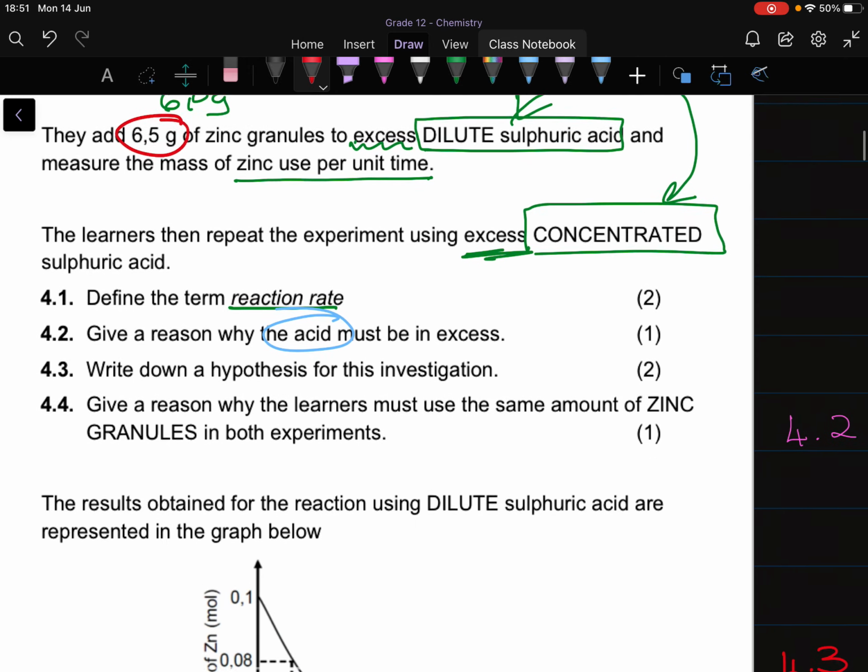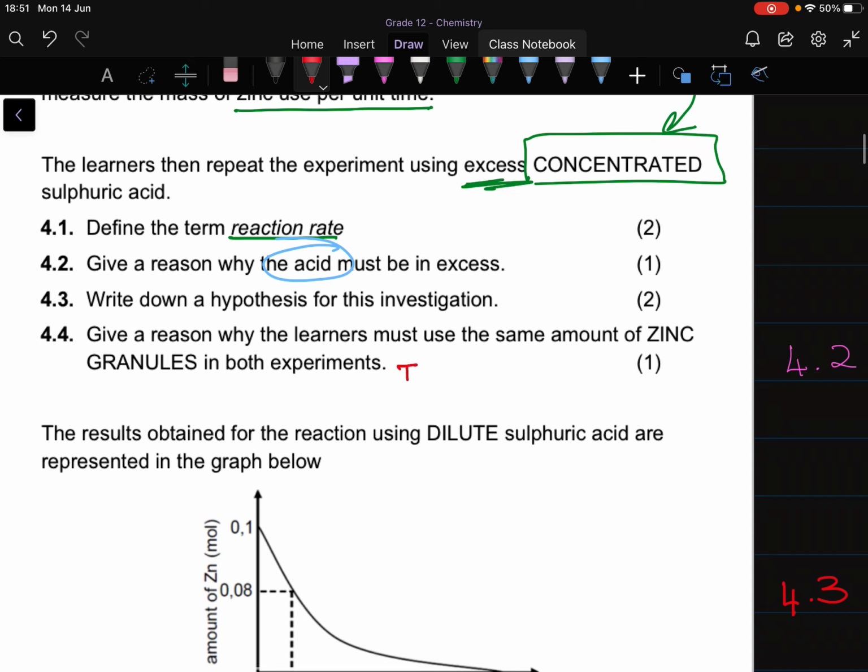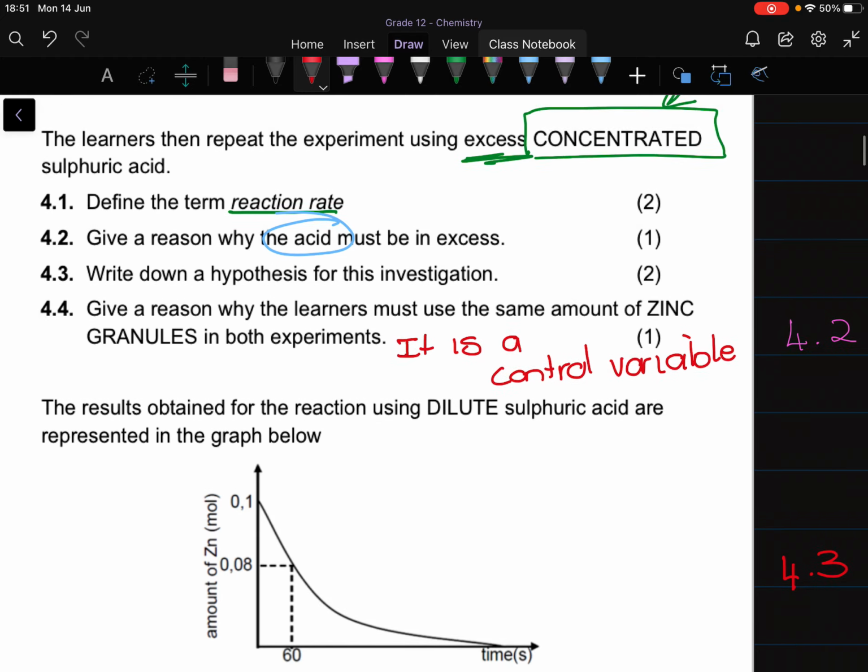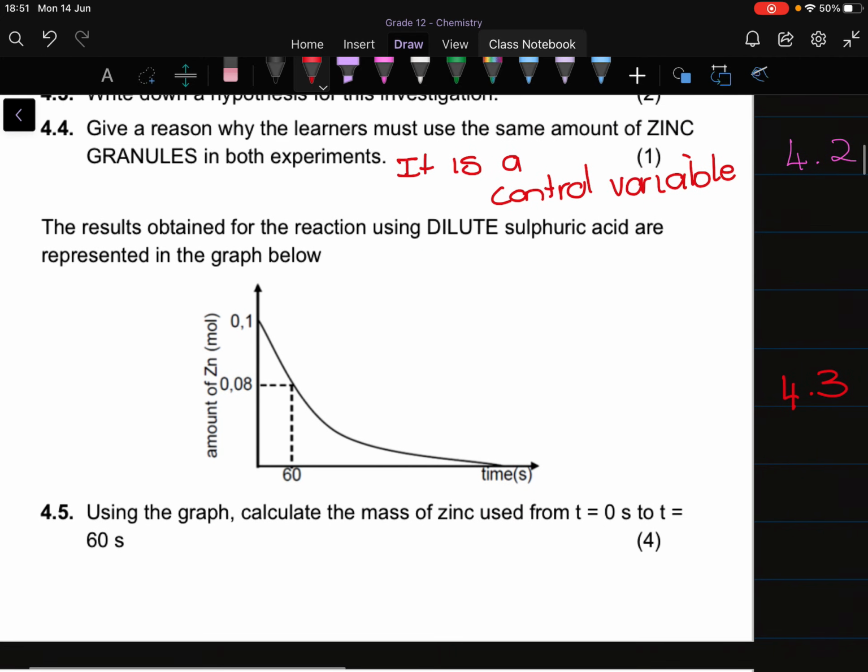Okay, it's not going to, but maybe it does. So why? Because it is a control variable. We can only change one thing at a time.